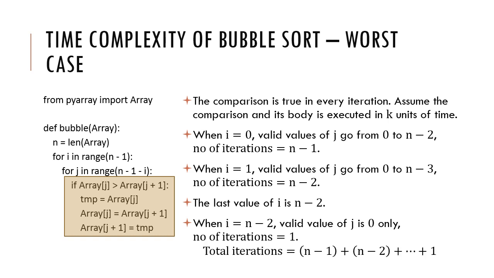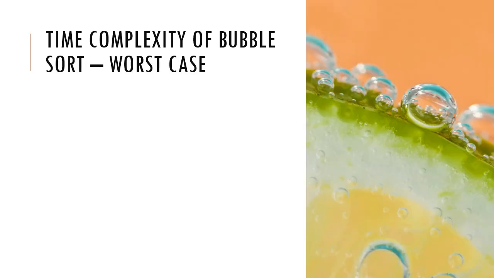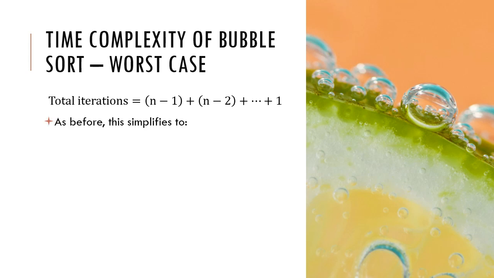Total iterations is the number of iterations in the first pass, n minus 1, plus the number of iterations in the second pass, n minus 2, continuing to the number of iterations in the last pass, which is 1. So this is the equation that we get for total number of iterations in the worst case.